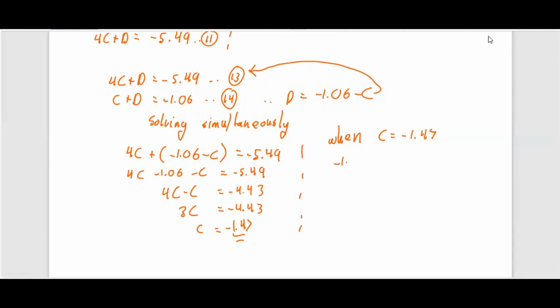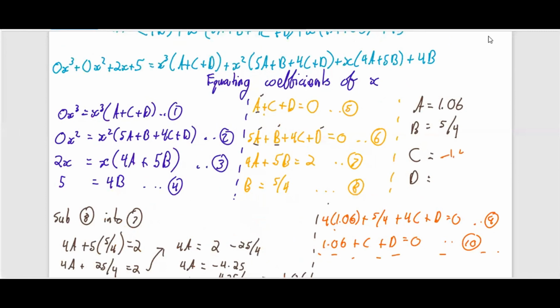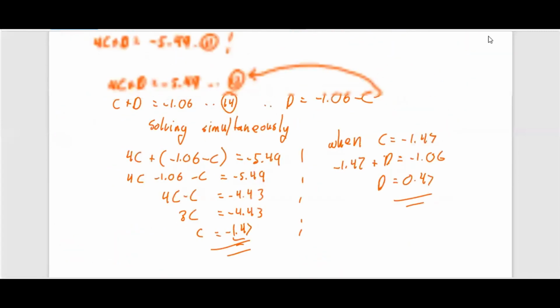Now we'll have minus 1.47 plus D is equal to minus 1.06. So carry this to the other side, and you end up with minus 1.06 plus 1.47. So D will be 0.47. All right, it was a little long, but we got what we wanted. So C is minus 1.47 and D was 0.47.